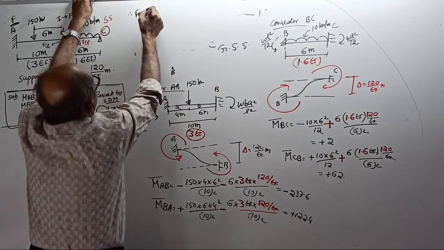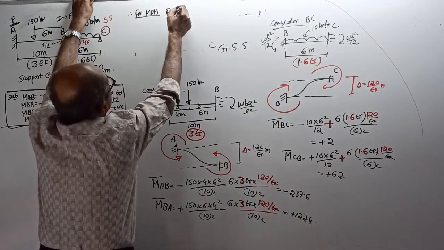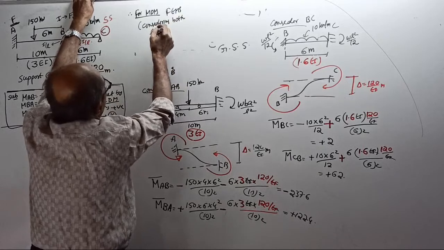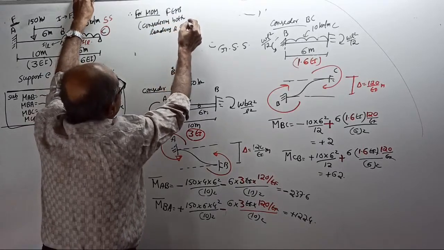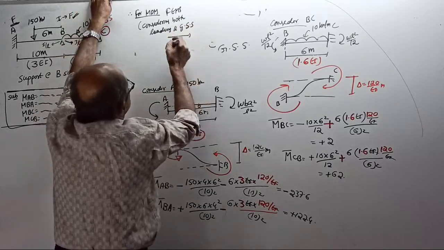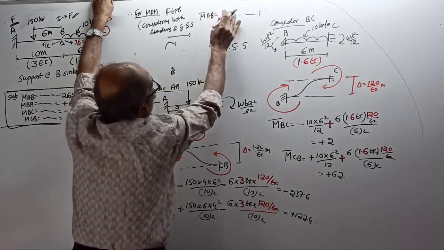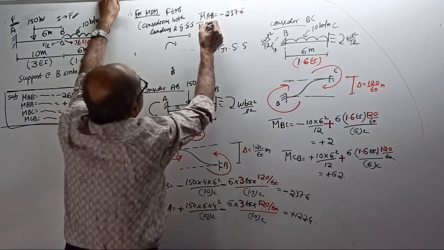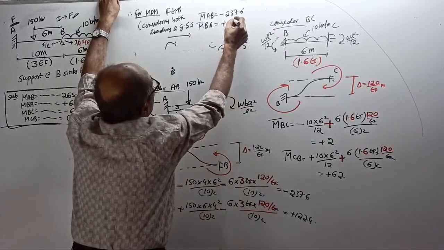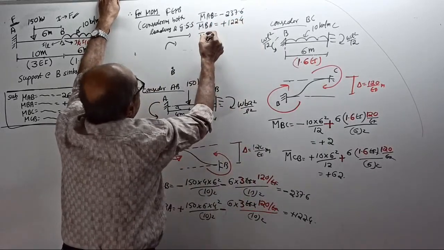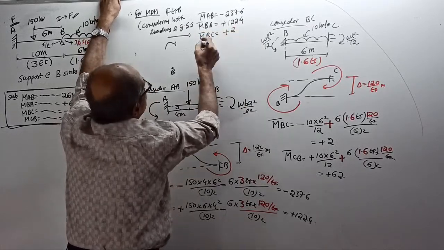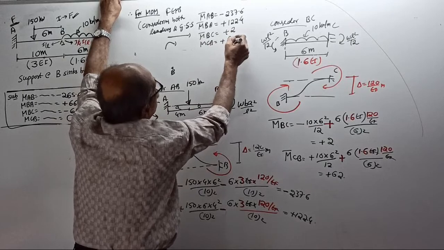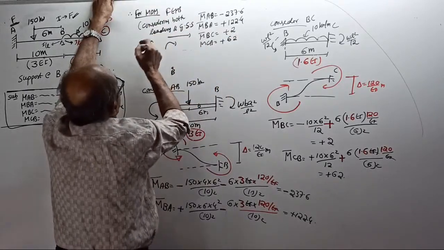For moment distribution method, FPMs, considering both loading and given support settlement, clockwise positive: M bar AB equals minus 237.6, M bar BA is plus 122.4, then M bar BC is FPMs plus 2, M bar CB is plus 62. These are all kilonewton meter FPMs for MD method.